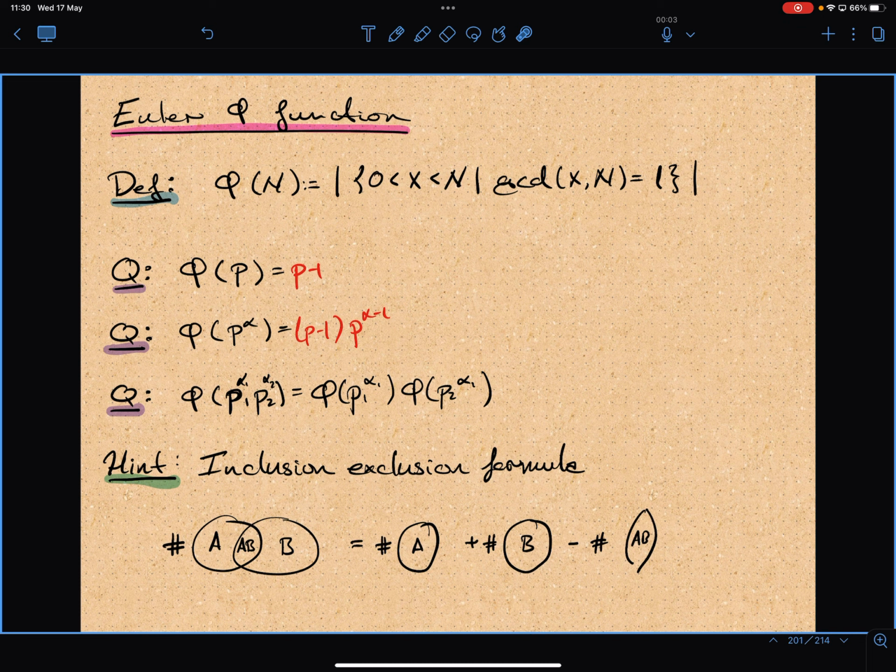And the idea is that you look at the complement of this.